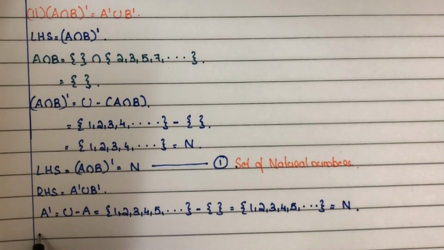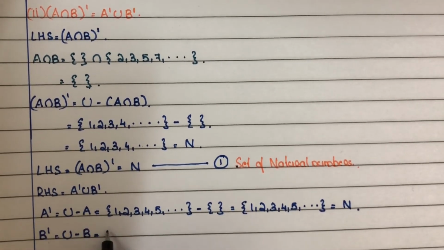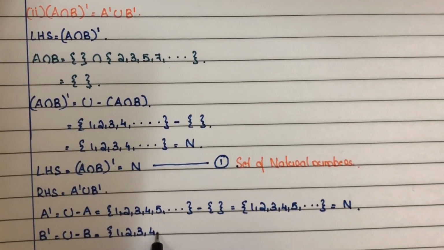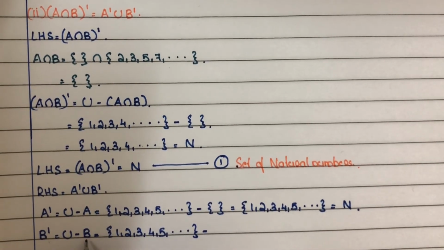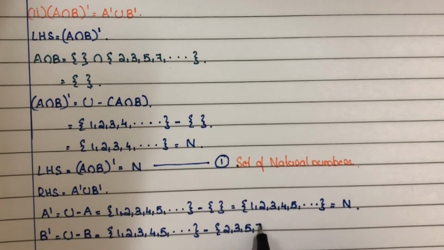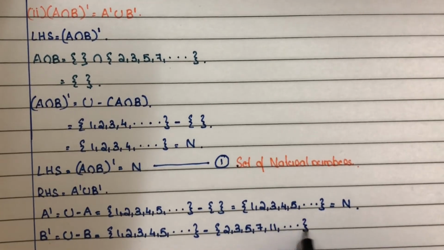Next B dash. B dash is equal to U minus B. U universal set 1, 2, 3, 4, 5, etc. minus B. B means set of prime numbers, right? 2, 3, 5, 7, 11, etc. Means what?